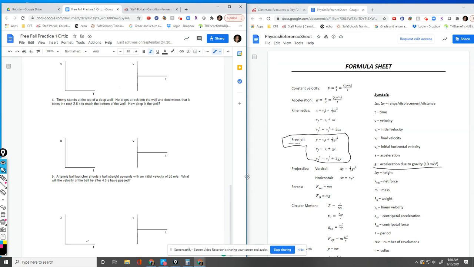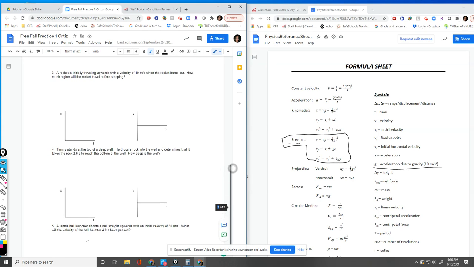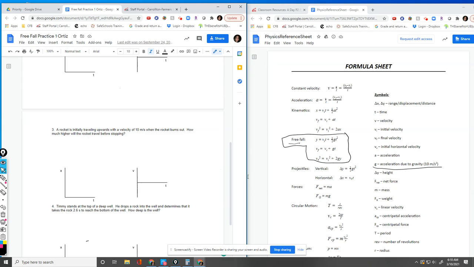All right, so I'm gonna do the one with the rocket because this is traveling in a different direction, okay? So here, the previous problem that we did was something falling. This object is going up. It's a rocket.